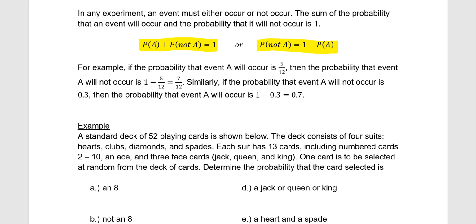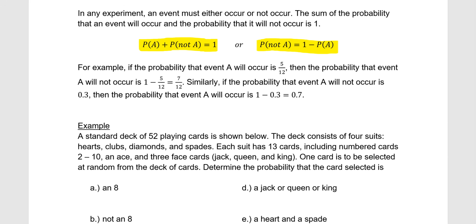For example, if the probability that event A will occur is 5/12, then the probability that it will not occur is 1 minus 5/12, which, getting common denominators, gives us 7/12.